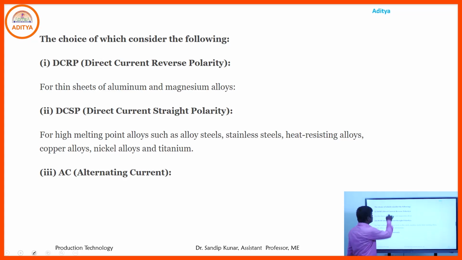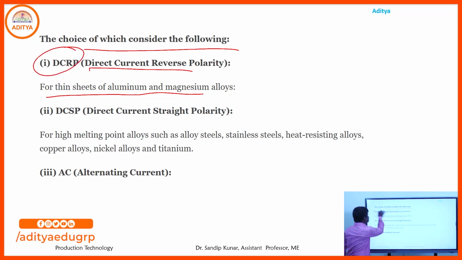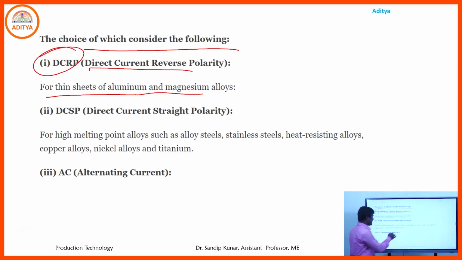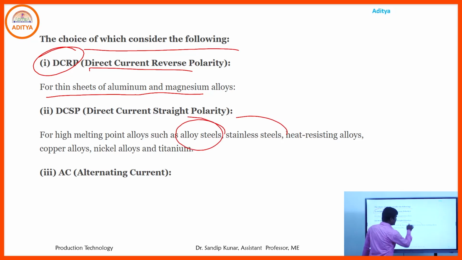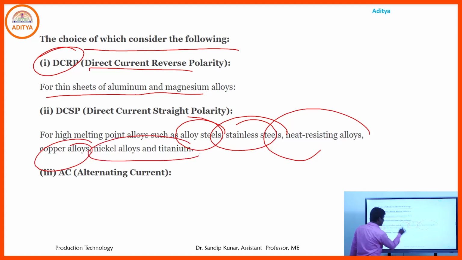The choice is made considering the following. DCRP, direct current reverse polarity, is used for thin sheets of aluminium and magnesium alloy. In case of direct current straight polarity, we use high melting point materials like alloy steel, stainless steel, heat resisting alloy, copper alloy, nickel-based alloy, and titanium.